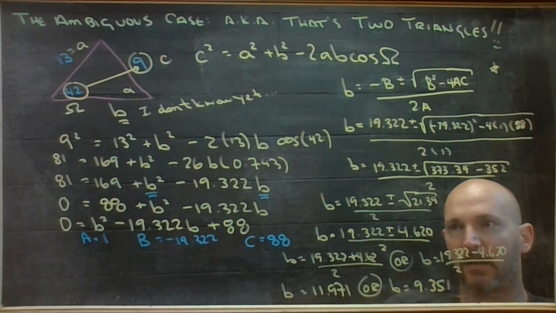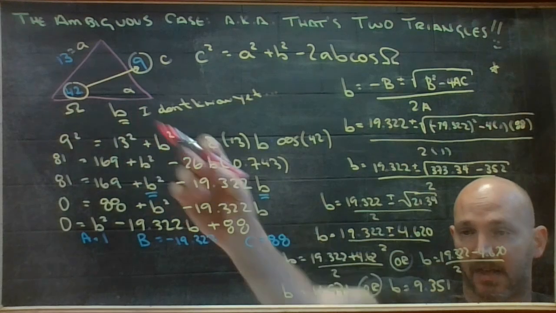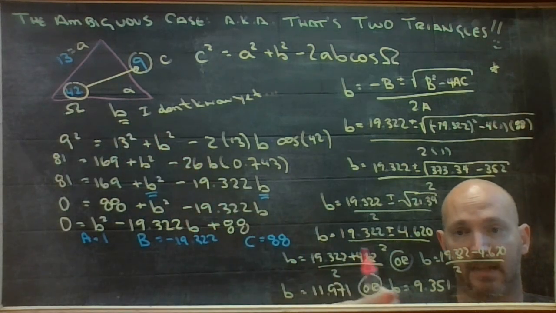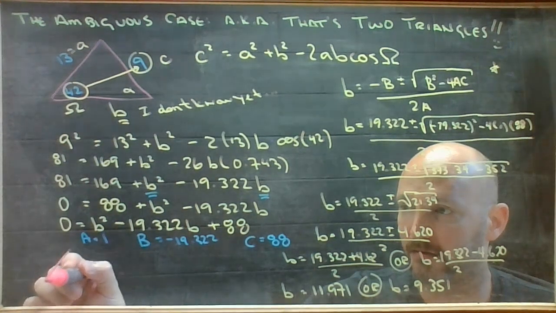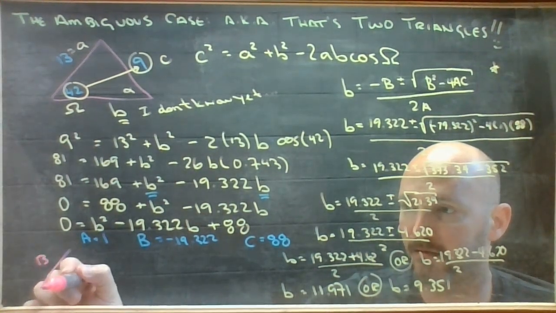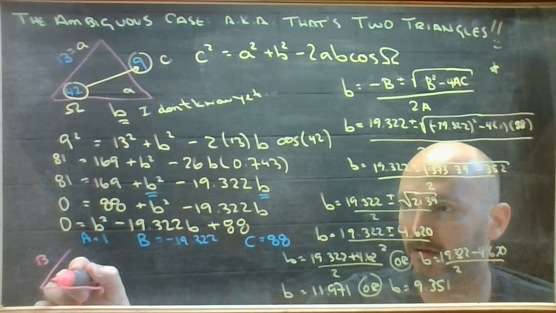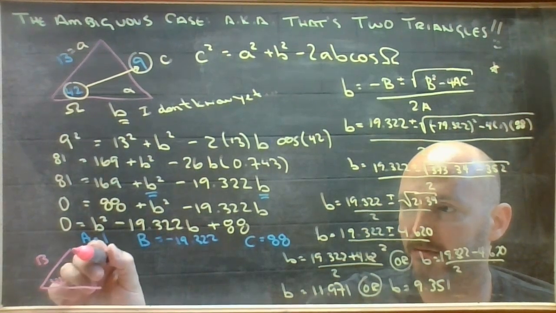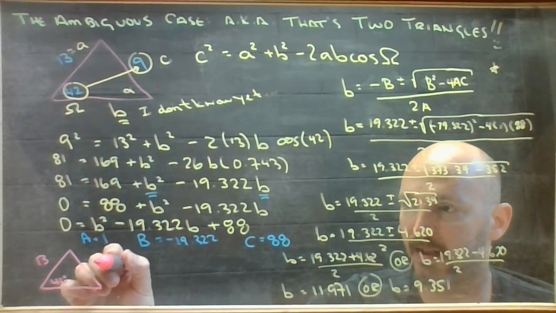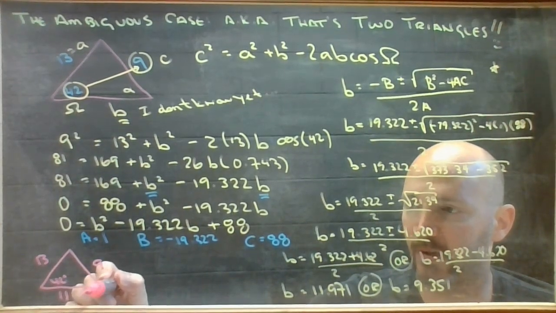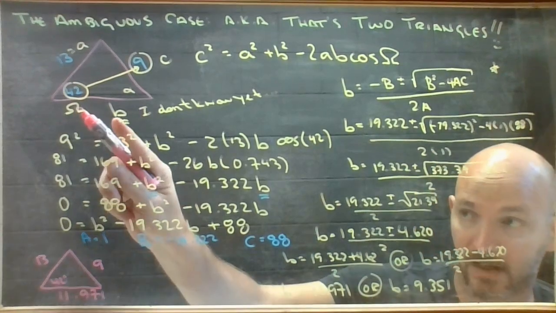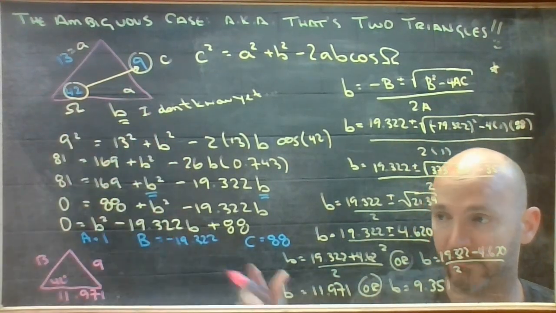Okay. So if I were to draw this diagram twice using this length and this length, I either have a 42-degree angle, a side length of 13, a side length of 9, and a side length of 11.971, because that's where b is on my diagram.